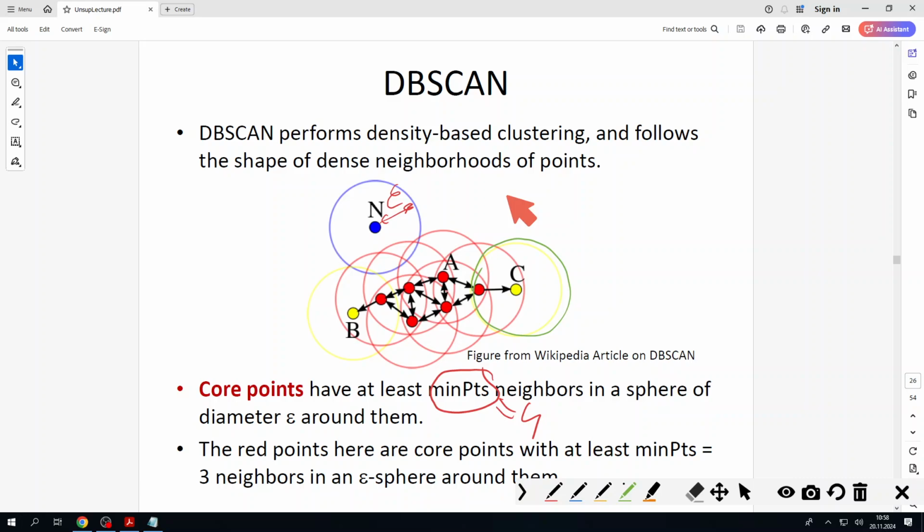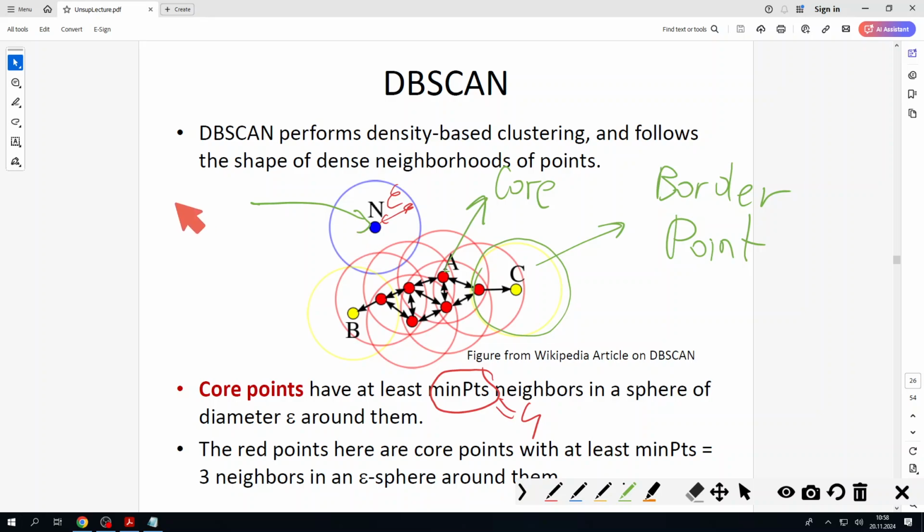So you can say that this is actually a border point, which specifies that your cluster actually ends here. Your red points are core points, which are inside of the cluster, and then green, and then the blue point is an outlier, which is outside of your cluster and has no common points.